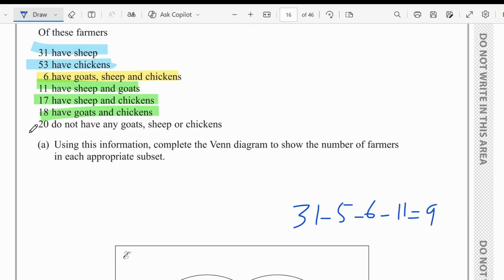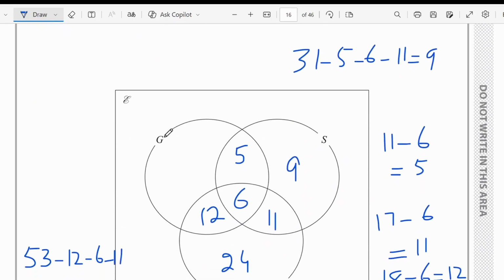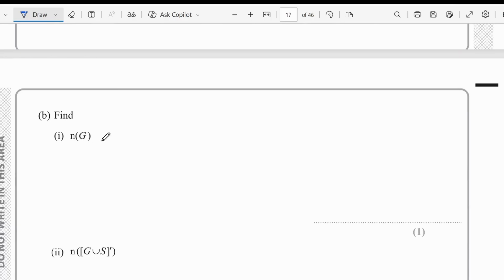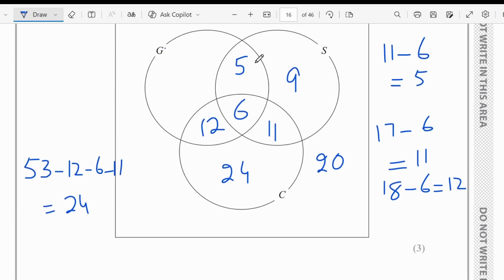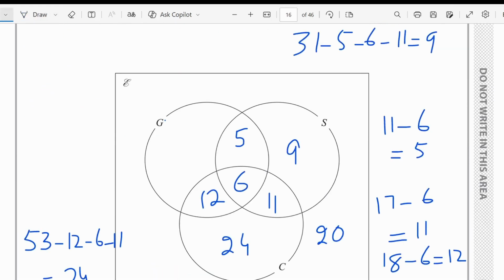In this information, we are given that 20 don't have any goats, sheep or chicken. It would be outside the circles in the rectangle. We have to find the number of goats. To find the number of goats, we have total animals 100, and we are going to subtract first all this inside the circles and in the rectangle. If we add all these, we'll have 87.